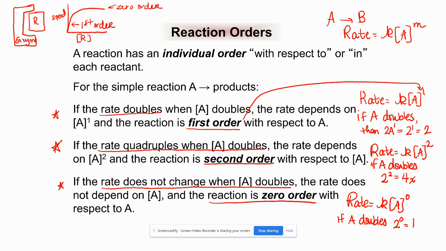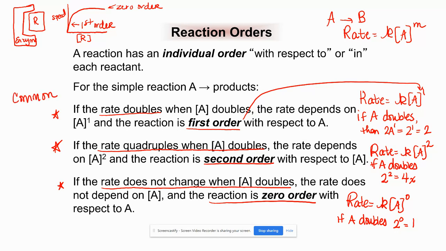Okay, so what we're going to do is learn the approaches with data to determine what order a reaction is. Is it first order, second order, or zero order? So that's where we're headed with this. The other thing I should say at this point is that these are common orders.